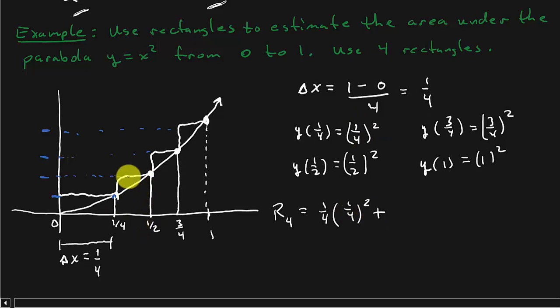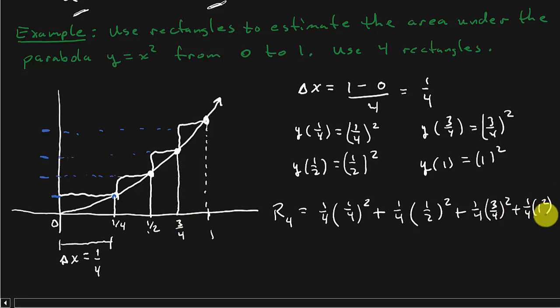plus now the area of this second rectangle. The width is 1/4, and the height, we plug the 1/2 in, that's 1/2 squared, and then so on. We'll do the next rectangle. That's 1/4 times 3/4 squared, and then the last one is 1/4 times 1 squared.